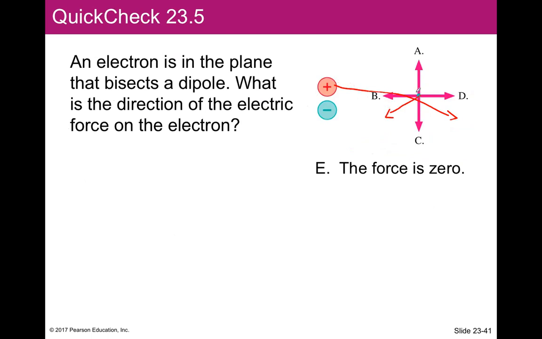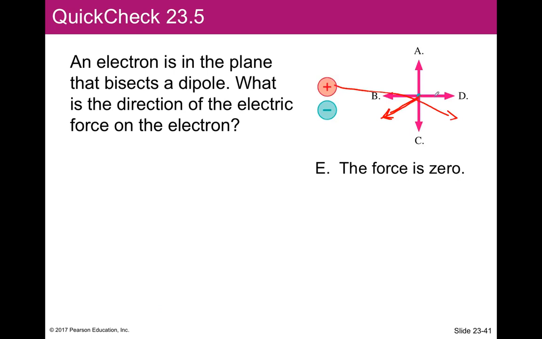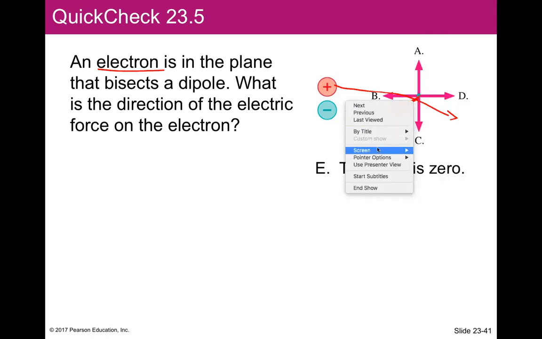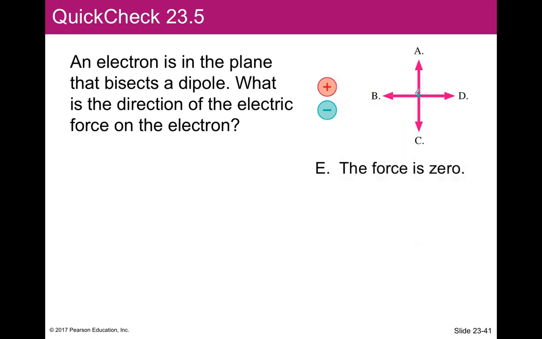So you have a positive charge generating a field line in this direction, the negative charge generates a field line in that direction. Oh, sorry. So this is the electron. Electron means this is negative. So the positive charge will generate an electric field in that direction and the negative generates one in this direction. So when you combine them two, you get A.